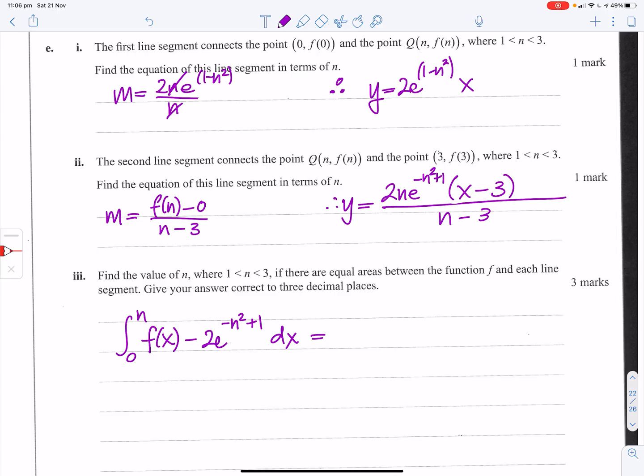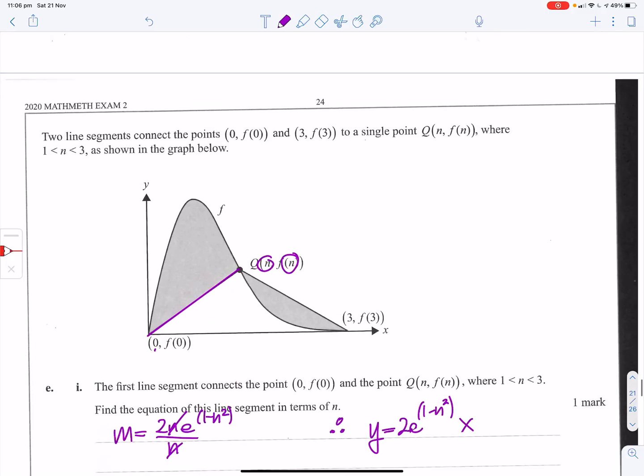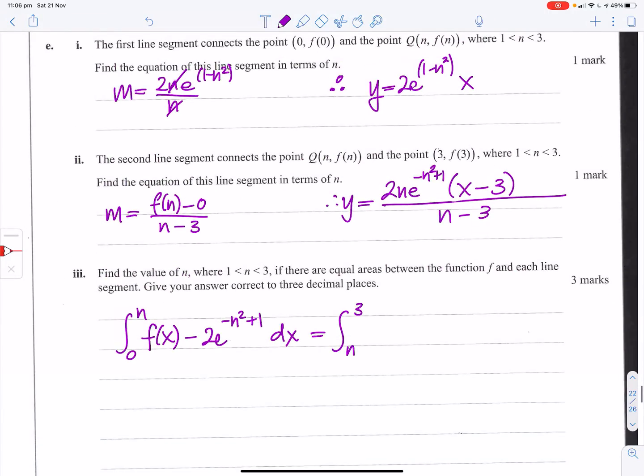That has to be equal from n to 3 of my tangent minus my graph. So 2n e to the negative n squared plus 1, x minus 3 over n minus 3 minus f of x dx.